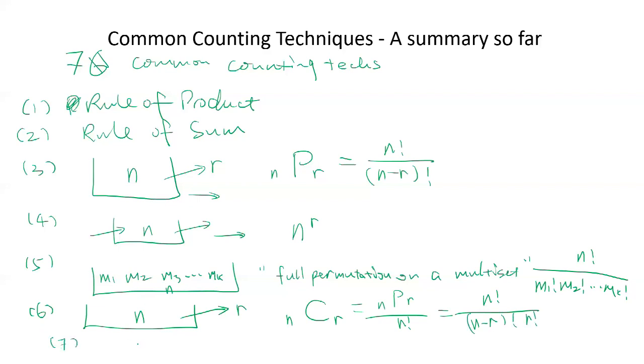And the seventh is to pick r from n with replacement, unordered. The result is C(n+r-1, r). Please do remember these counting techniques, as this is very important to calculate probabilities.